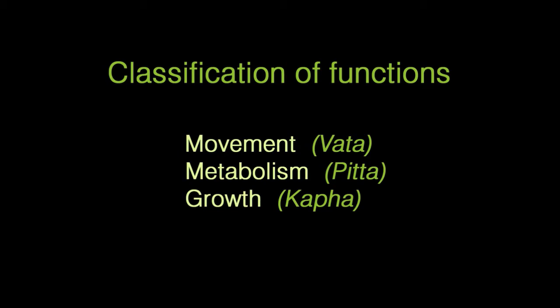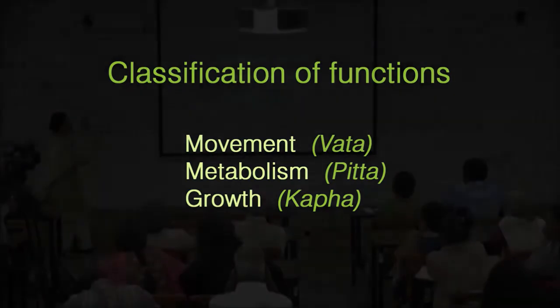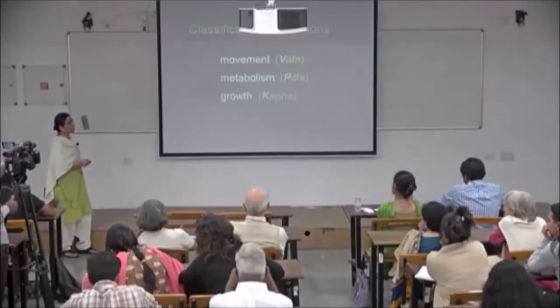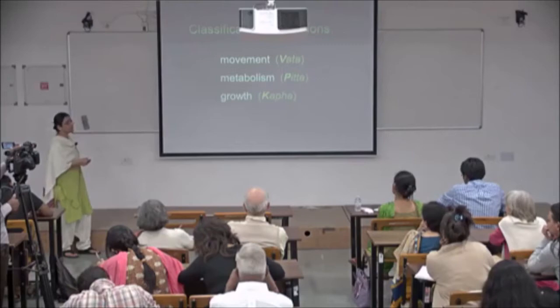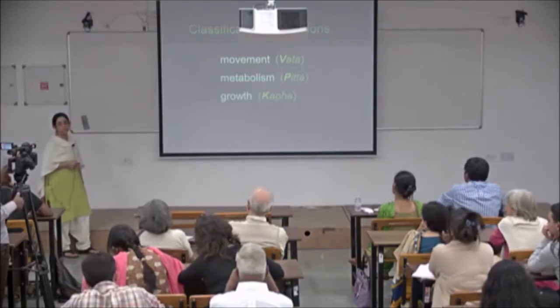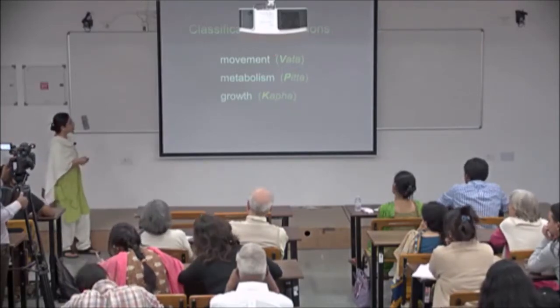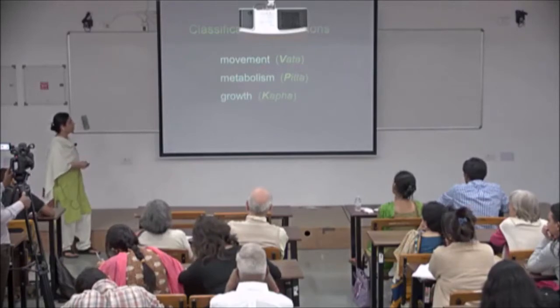So these are called Vata, Pitta and Kapha. Many of you may have heard of these terms, Vata, Pitta and Kapha. These are words in Sanskrit. And in the context of Ayurveda, Vata refers to movement. Please note that Vata does not mean movement. It's not a translation. Vata refers to movement, Pitta refers to metabolism, and Kapha refers to growth.